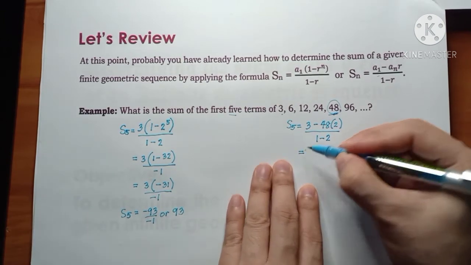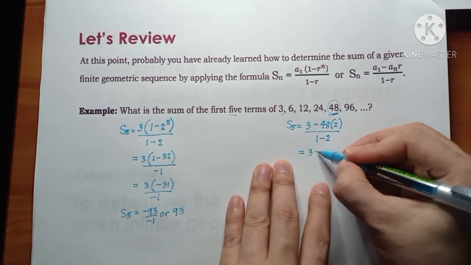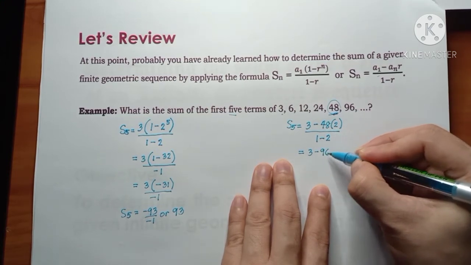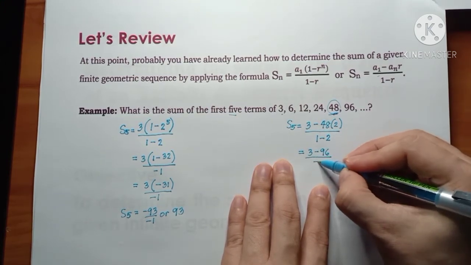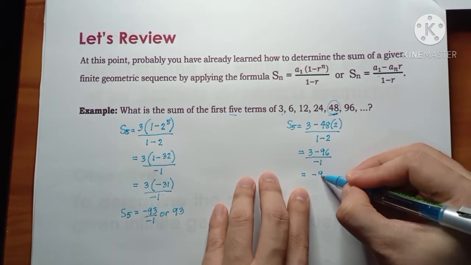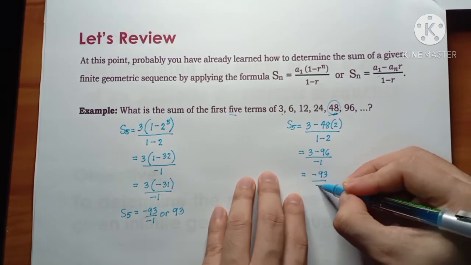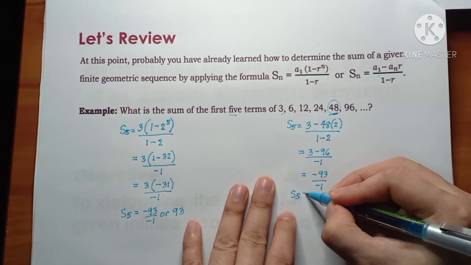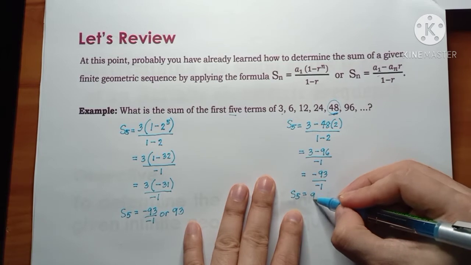Then we have 3 minus 48 times 2 is 96 all over negative 1. Then we have negative 93 divided by negative 1. So therefore, ang ating sum ng ating first 5 terms is positive 93.